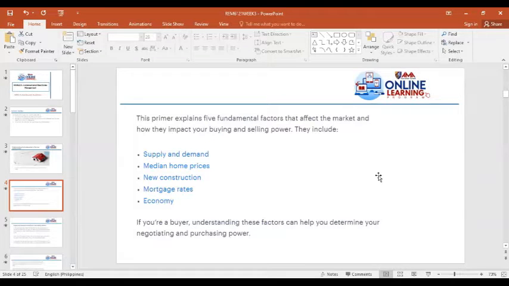So with this, you have to know the fundamentals that affect the market, and also understand how the seller and the buyer have an impact in the market, and how to negotiate and purchase and know the purchasing power.